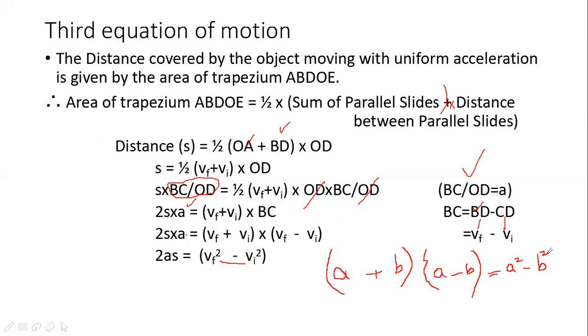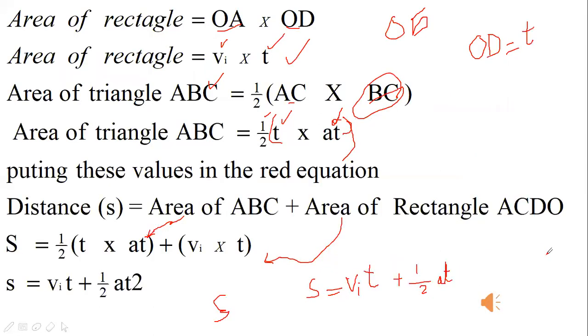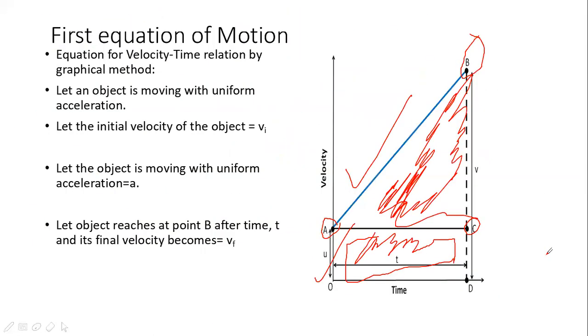So let's revise. For the first equation of motion, you should calculate the area of triangle separately and area of rectangle separately. You should take the slope of this side. From the slope of this side, you can derive the first equation of motion.